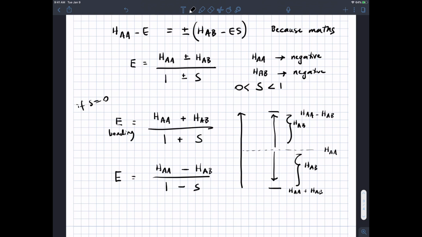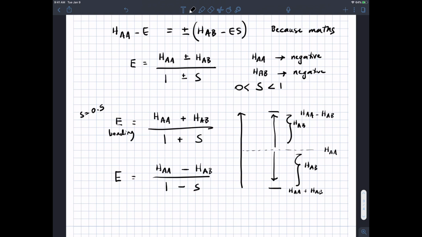Okay. So let's pretend that S equals 0.5 because I can do maths that involve dividing by 2. All right, if S equals 0.5, we have HAA plus HAB divided by 1.5, right?